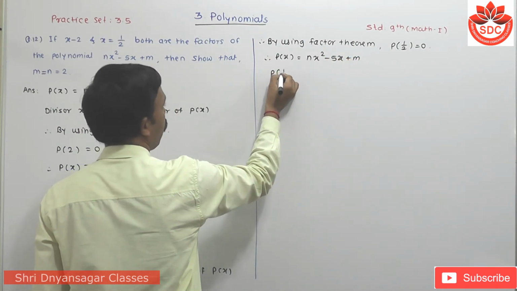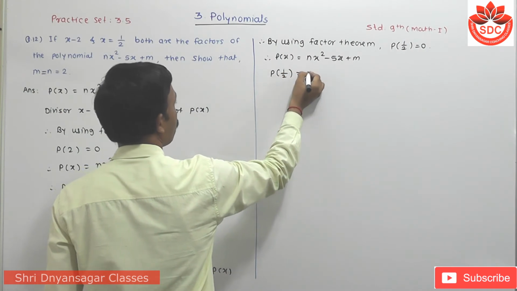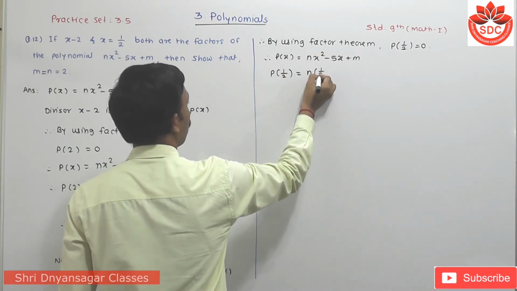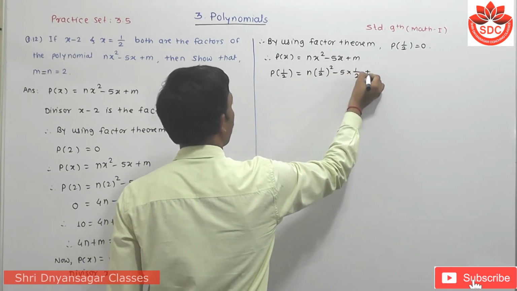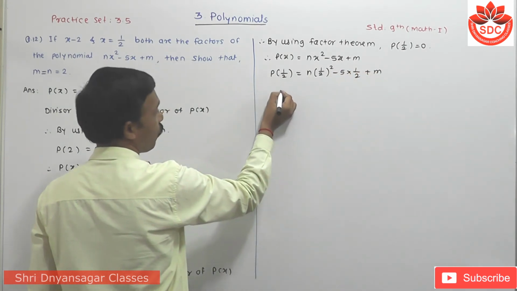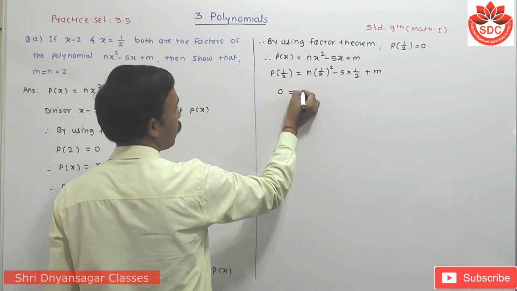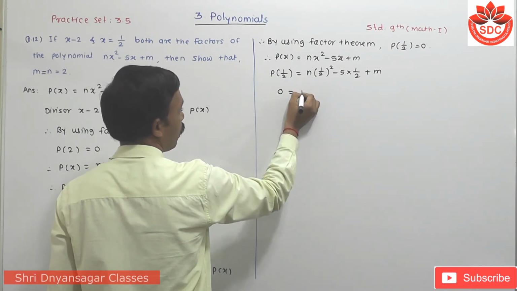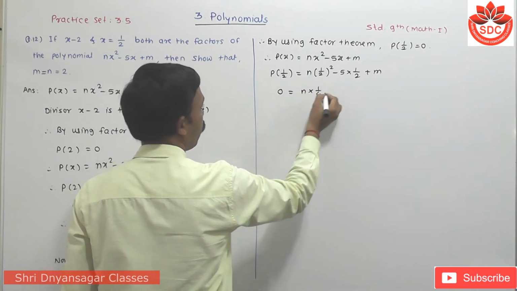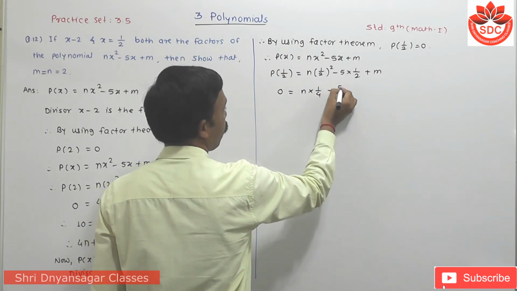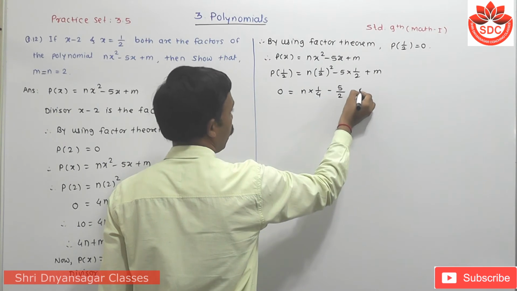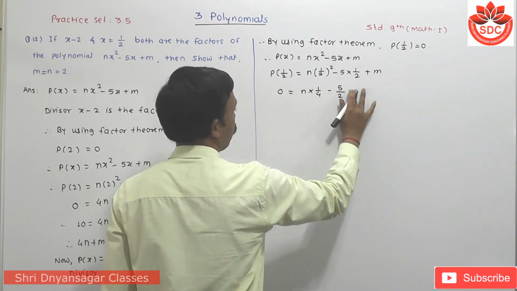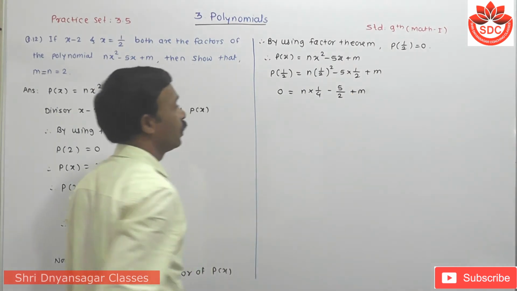Therefore, p of 1 upon 2 is equal to n into (1 upon 2) square minus 5 into 1 upon 2 plus m. This p of 1 upon 2 is 0. Then this becomes n into 1 upon 4 minus 5 upon 2 plus m.